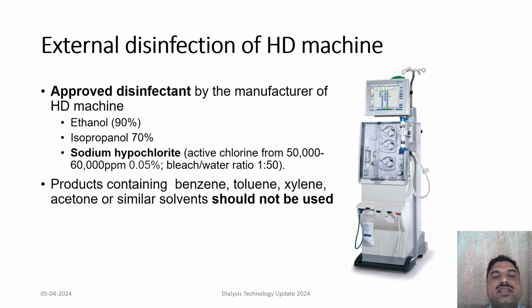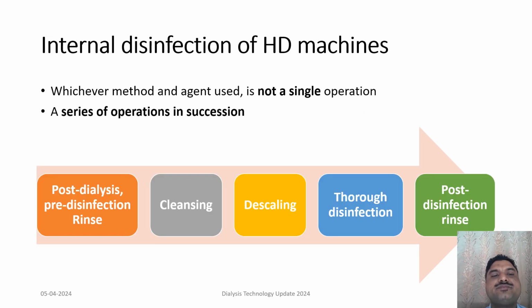In the majority of cases, it is 90% ethanol, 70% isopropanol, or sodium hypochlorite at a concentration of 0.05%. Products containing benzene, toluene, xylene, acetone or similar solvents should not be used for external disinfection of the dialysis machines.